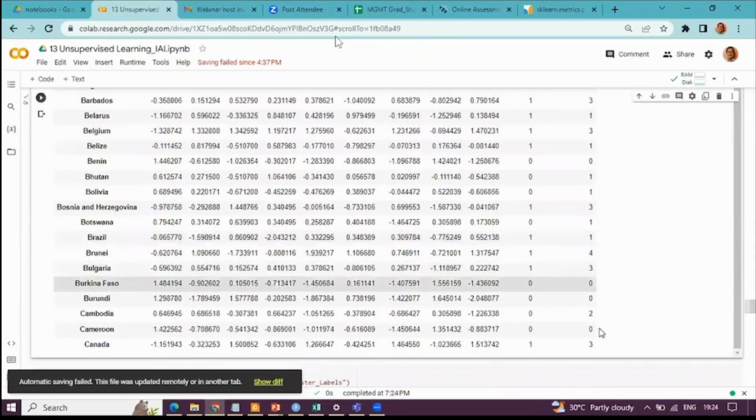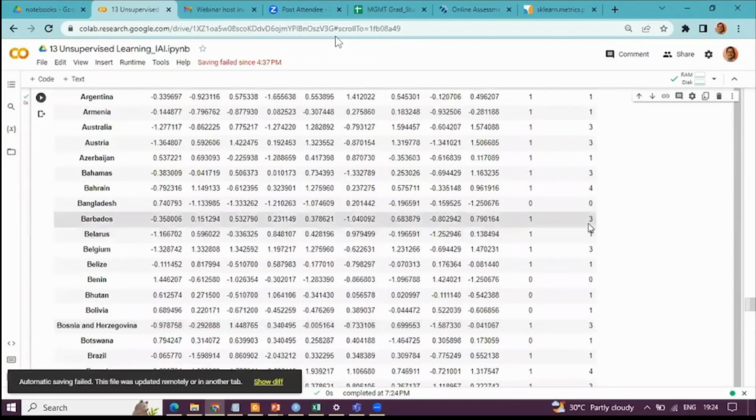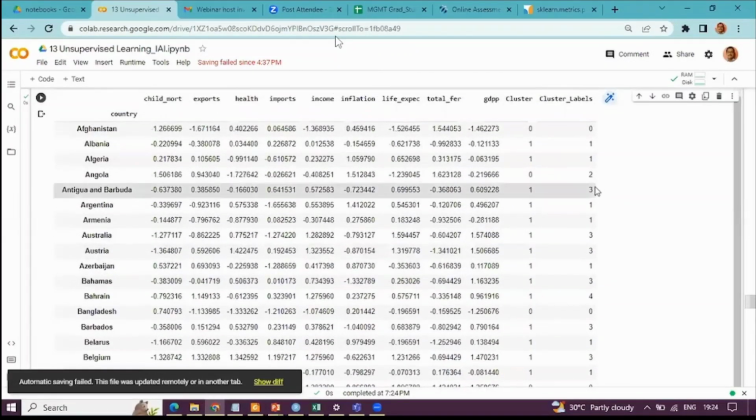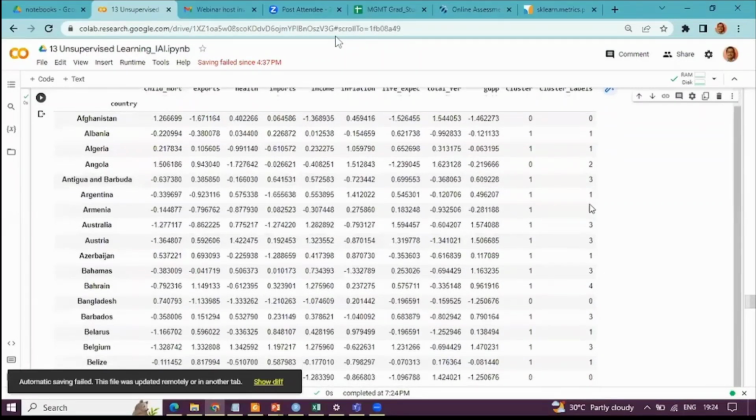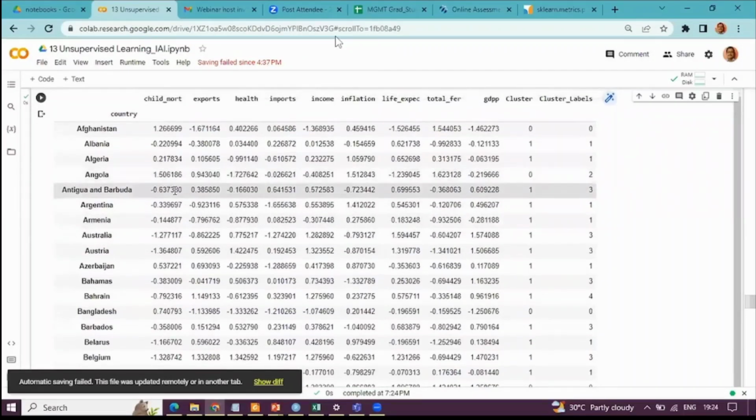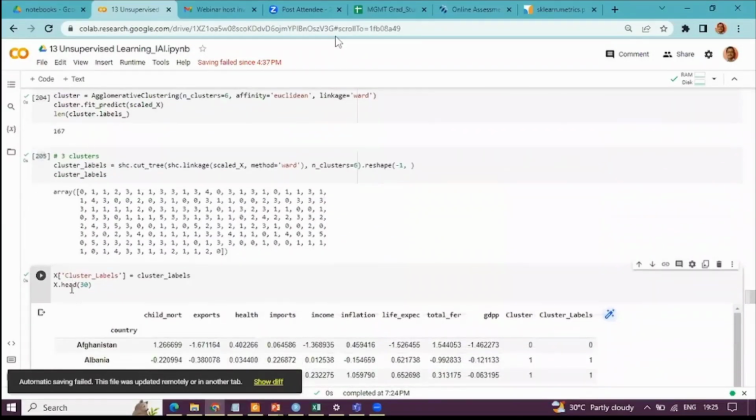Canada, Bulgaria, Bosnia, Barbados, Bahamas, Austria, Australia, they are all a part of one cluster. Antigua and Barbuda and so on. So like that you can see that there are different countries that are coming as a part of this 6 cluster solution.